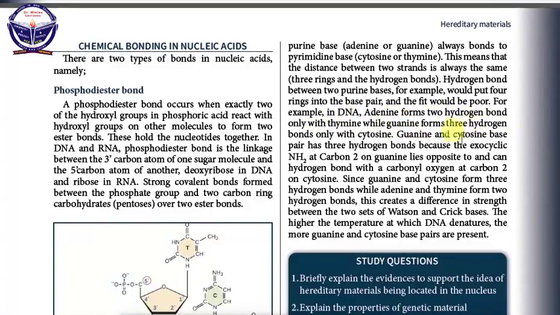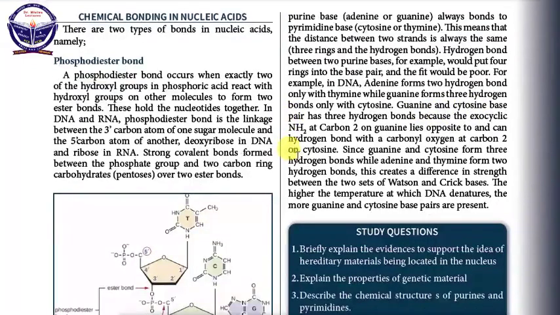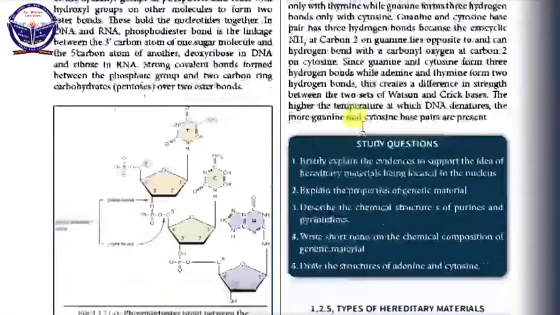Guanine and cytosine base pairs have 3 hydrogen bonds because the exocyclic secondary amine at carbon 2 on guanine lies opposite to and can hydrogen bond with a carbonyl oxygen at carbon 2 on cytosine.